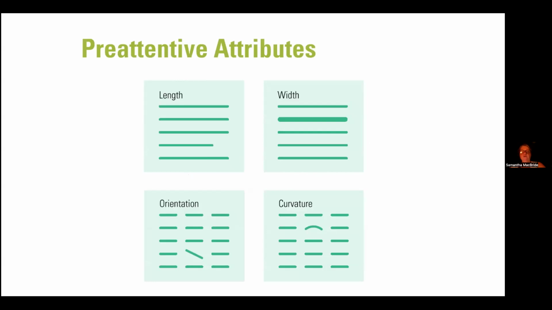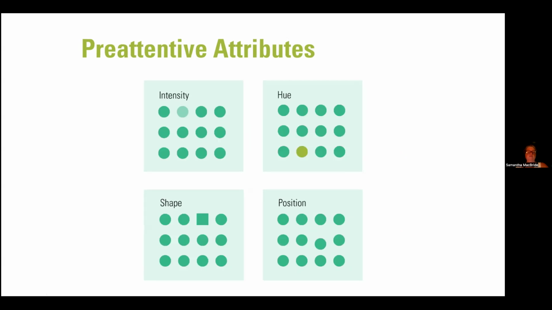So there are attributes to data visualization that have to do with this pre-attentive processing. And they include length, how long a line is, how thick a line is, how it's oriented vertically or horizontally, whether it's curved. And all of these things in Microsoft Excel and other data visualization packages are available to you to adjust.